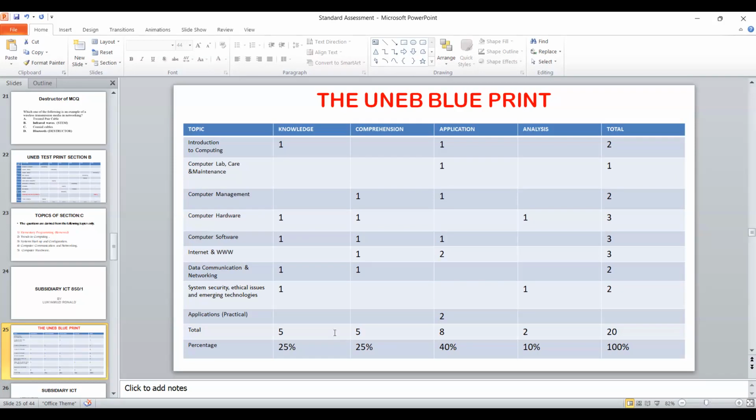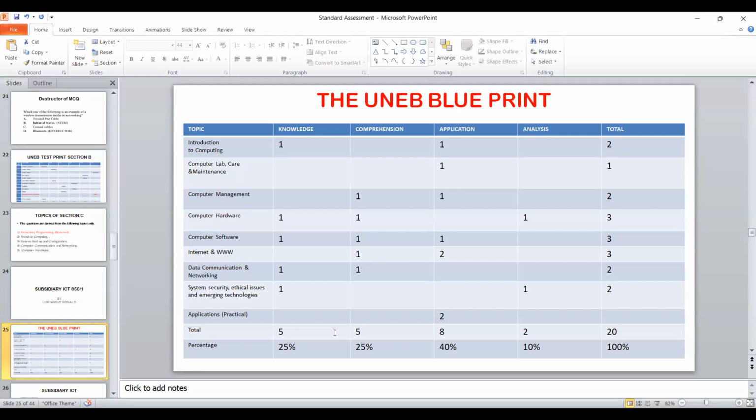Then these fundamentals, hardware, software, and the internet must contribute 3. Then data communication and networking, and system security, or what you call trends in computing. At Elevate it is called system security, ICT ethical issues, and emerging technologies. Then these ones contribute 2.